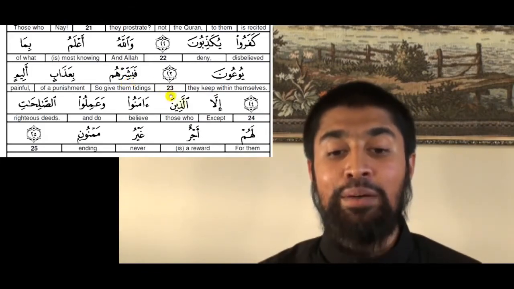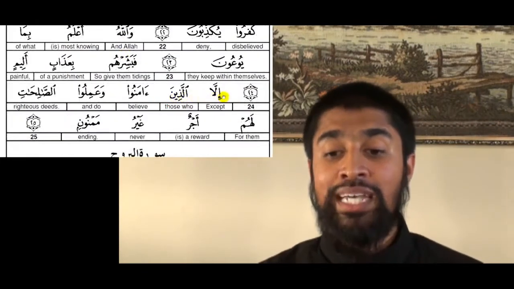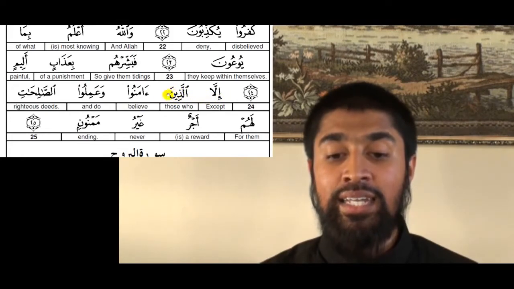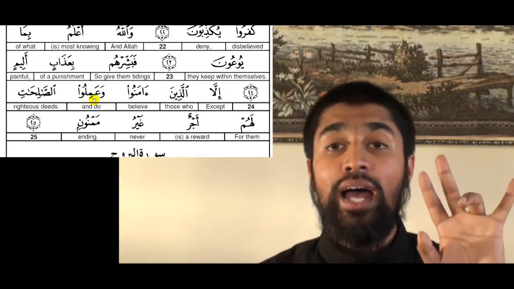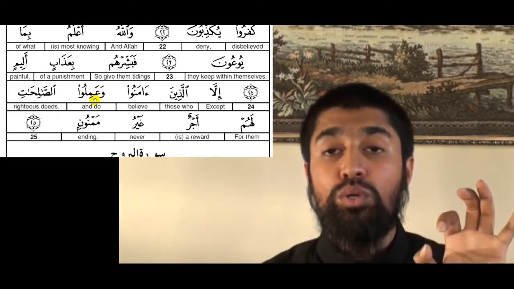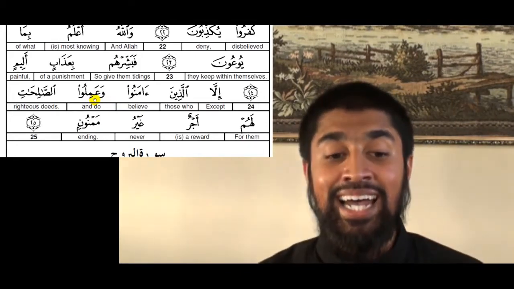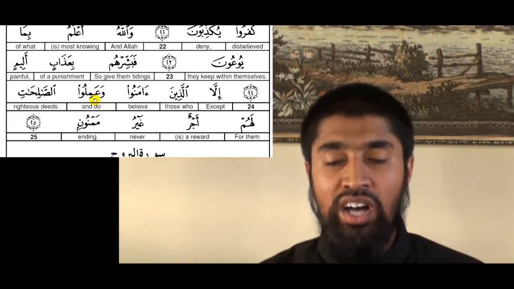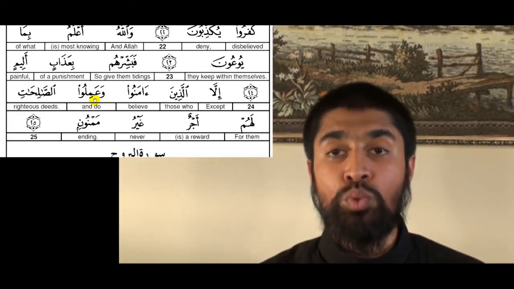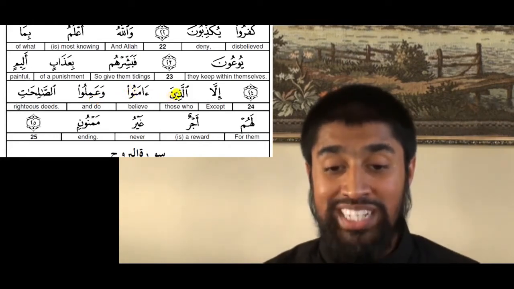فَبَشِّرْهُمْ بِعَذَابٍ أَلِيمٍ إِلَّا الَّذِينَ آمَنُوا وَعَمِلُوا الصَّالِحَاتِ لَهُمْ أَجْرٌ غَيْرُ مَمْنُونٍ. Verse number 25.